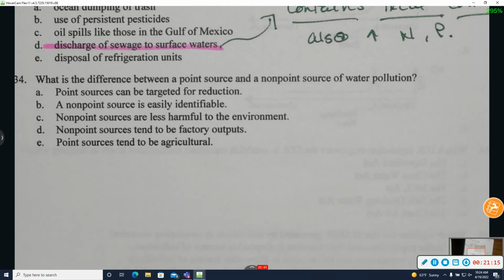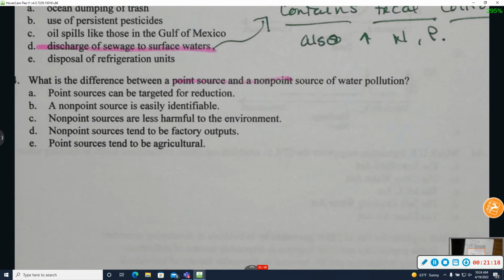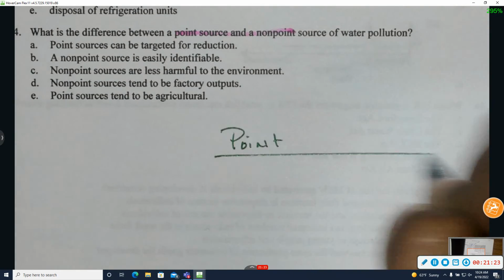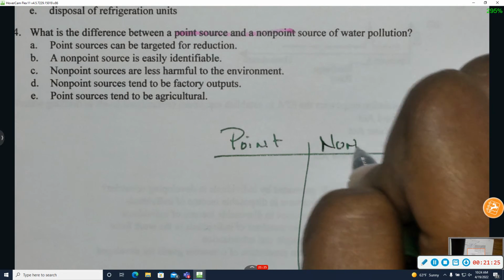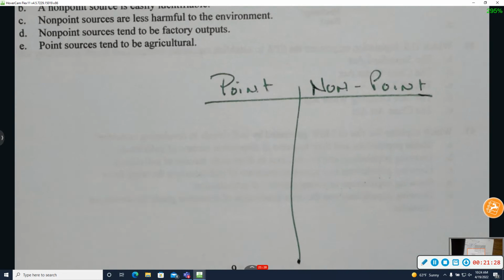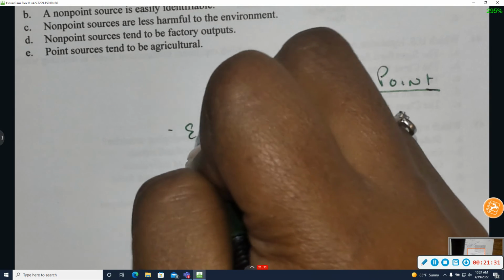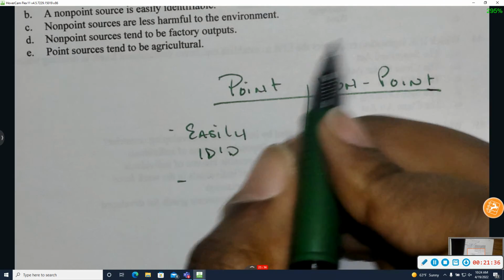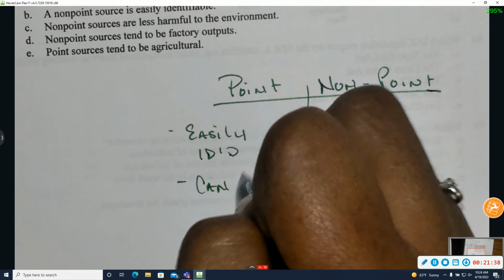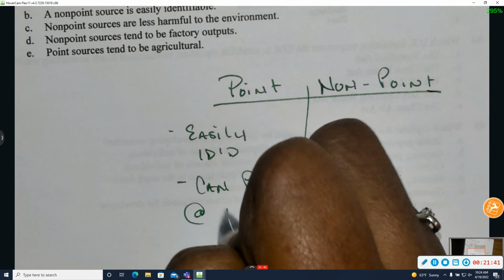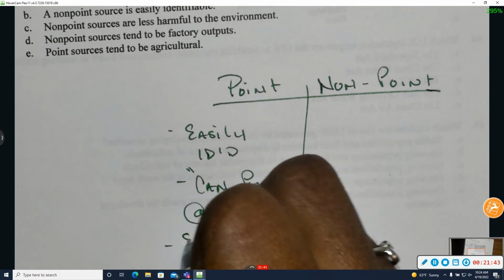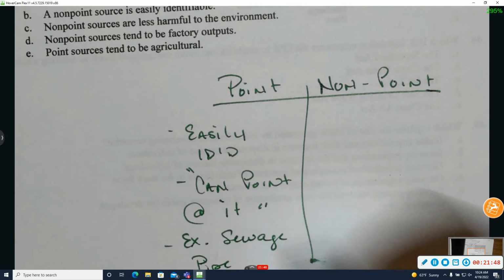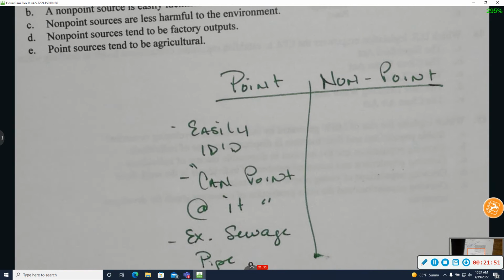What's the difference between a point and a non-point source? Because one you can point at, no you can't. So point, non-point. A point source is easily identified. You can point at it. Your example would be that sewage pipe. You can point at a sewage pipe, like, oh, there it is.